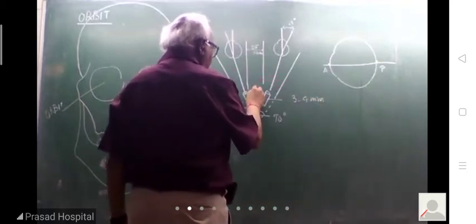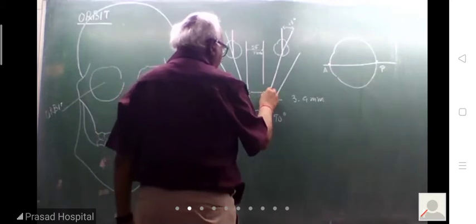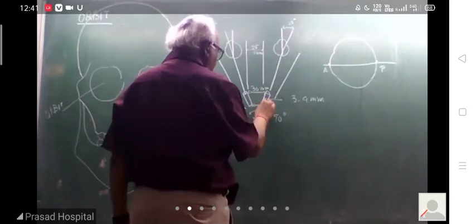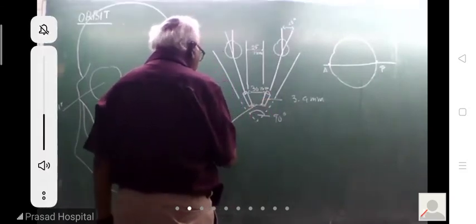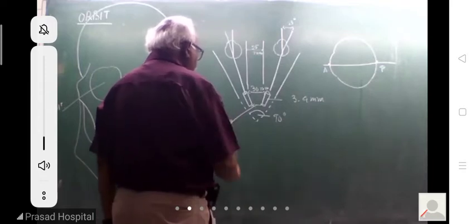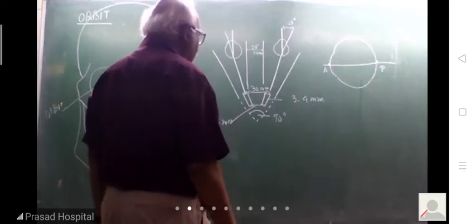In the anterior part, they are about 30 millimeters apart, and the posterior ends of the optic canals are 25 millimeters apart.